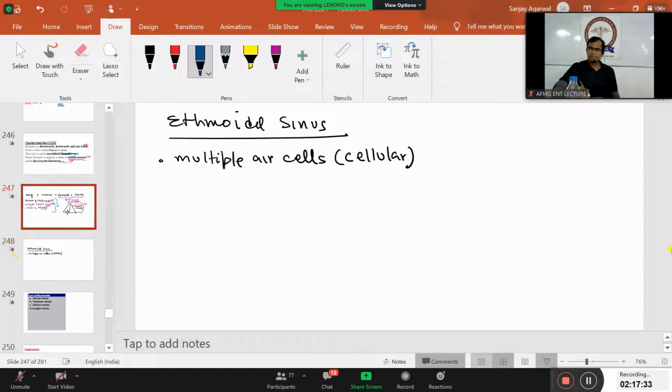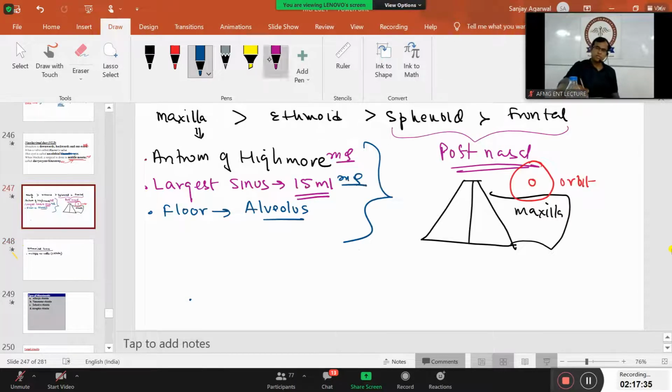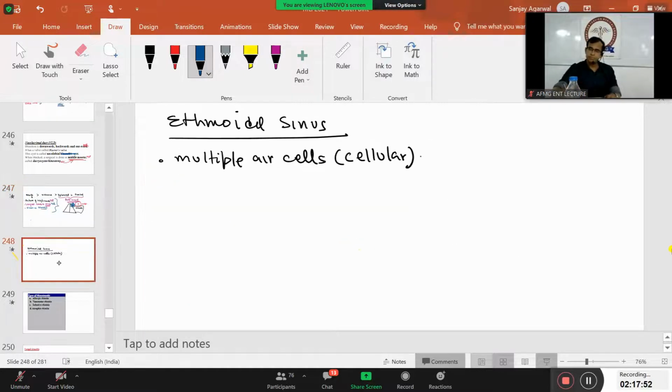If I use this diagram, ethmoids are here, like this, but many cells. See, the maxilla is only one, big. Ethmoids are many, but very small. How many? On average, 8 to 9 cells.